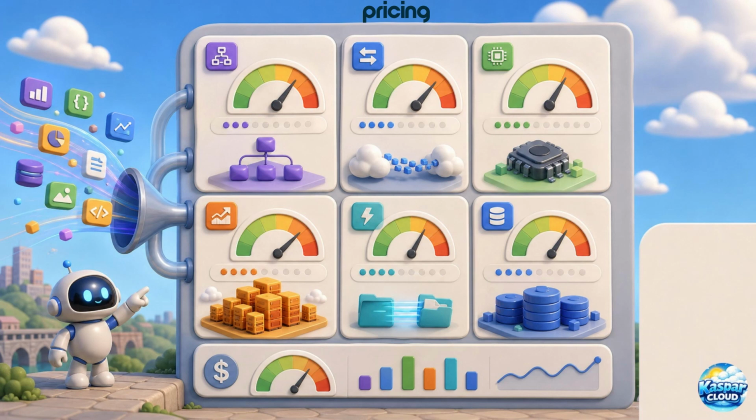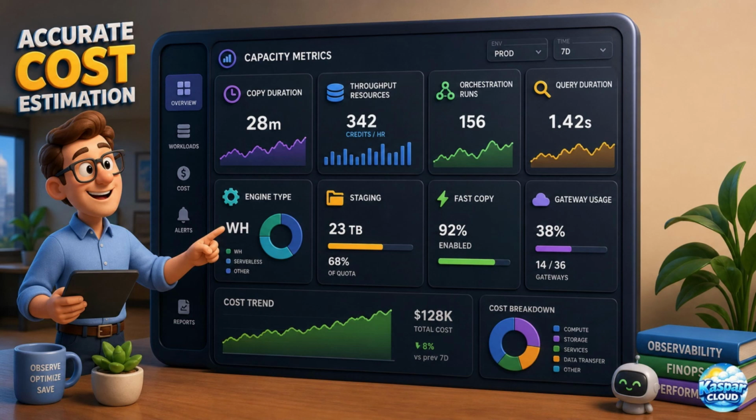Features such as intelligent throughput optimization, fast copy, and virtual network data gateways can increase capacity consumption depending on workload design. OneLake storage consumption is billed separately within the broader Microsoft Fabric storage model, so organizations should monitor both compute and storage utilization carefully. The Microsoft Fabric Capacity Metrics app is one of the most important tools for understanding actual workload consumption and estimating operational cost.